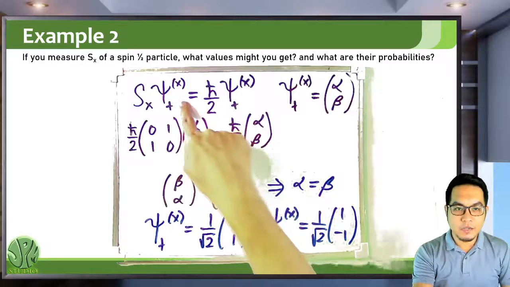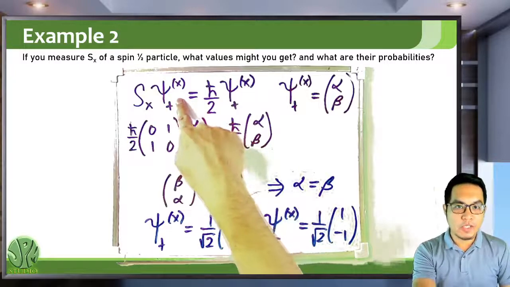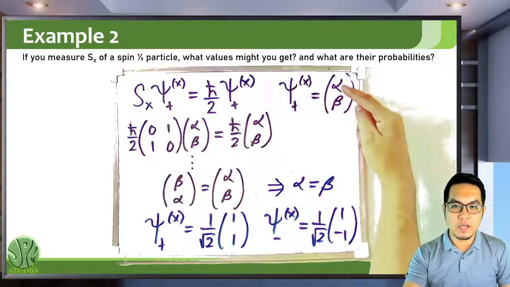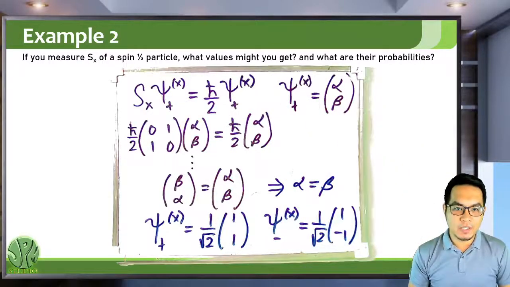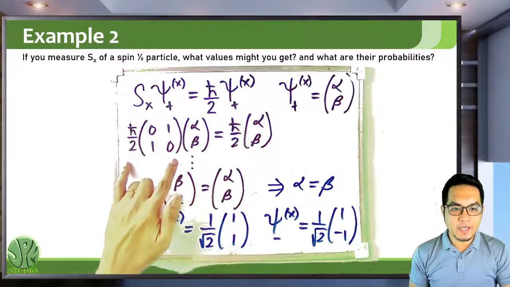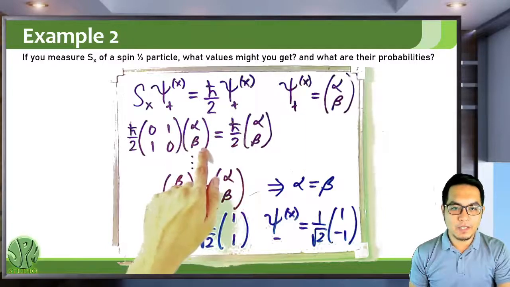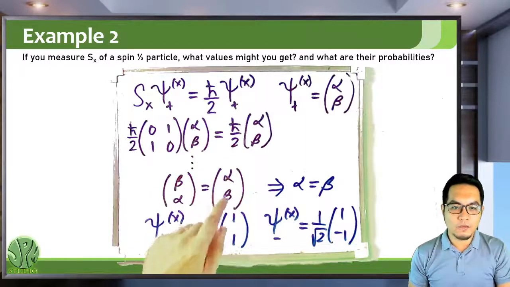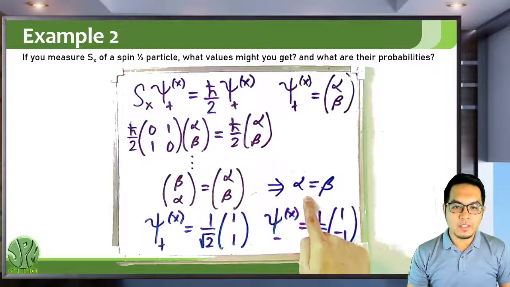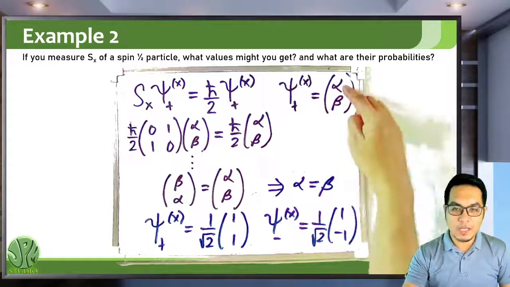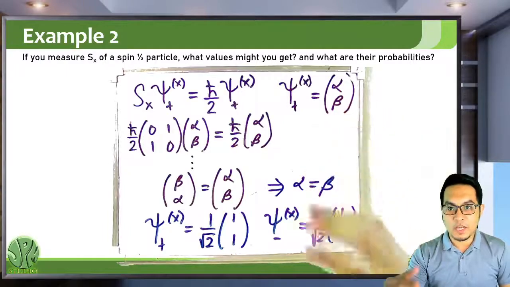The eigenfunction is unknown, but you know that it is a matrix with only two components, so we have two unknowns, alpha and beta. We use the matrix form of Sx, with our unknown eigenfunction alpha, beta, and solve for alpha and beta. We derive that alpha must be equal to beta, so this is just alpha, alpha, and we only have one unknown.